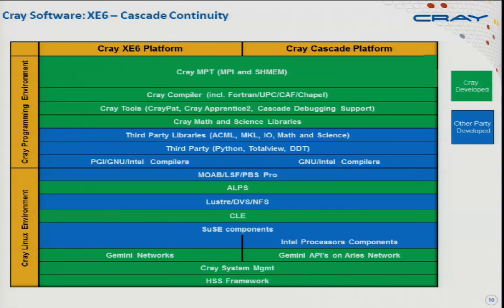But for most of the rest, it has been a very smooth transition. I've had slides that I've shown over the last year. The way the Cray benchmarking worked, we first got access to a Cascade system a little over a year ago, as we've brought it up, and we'd had various blades. The way we would port codes and get them ready for the Cascade system is we would get them running on an XE system with the compiler of choice that we wanted to use on the Cascade system.